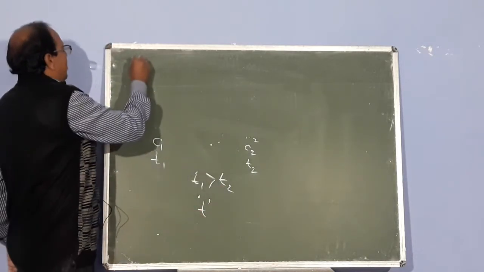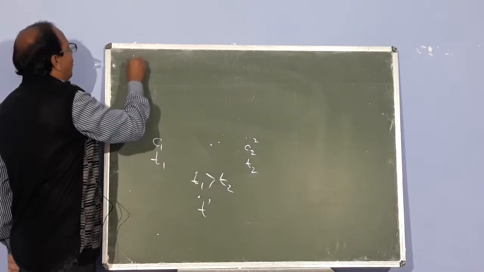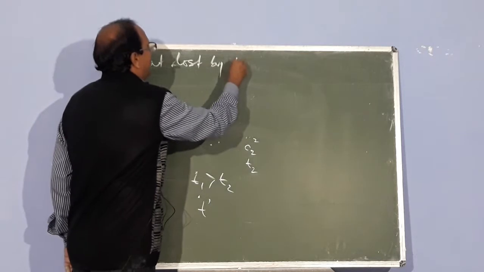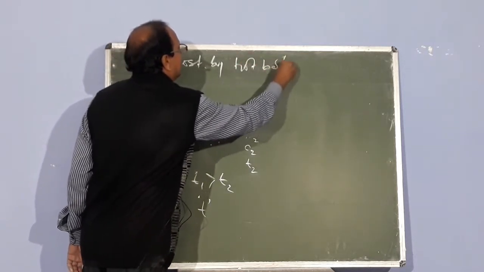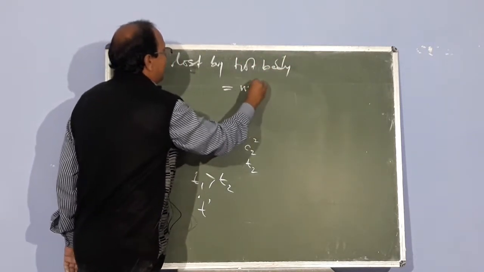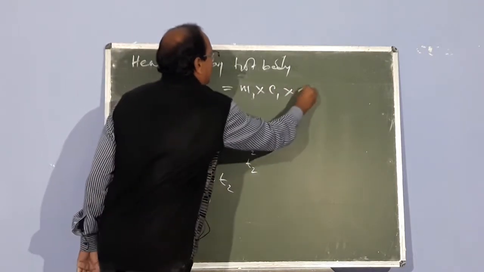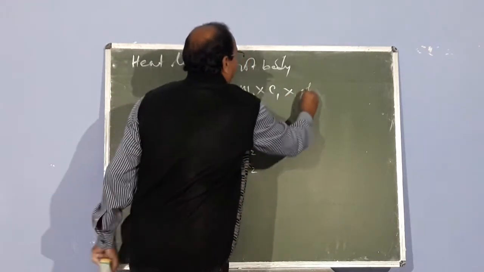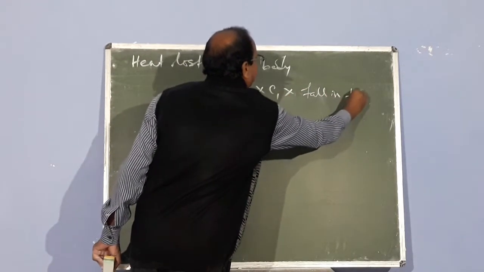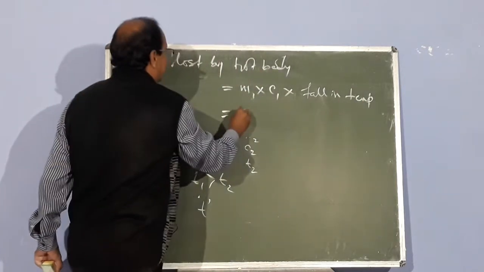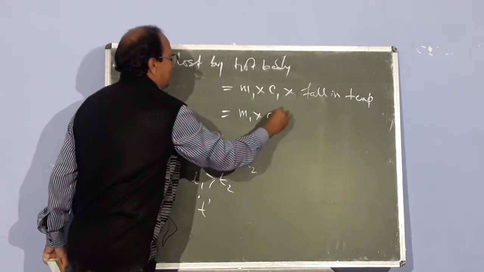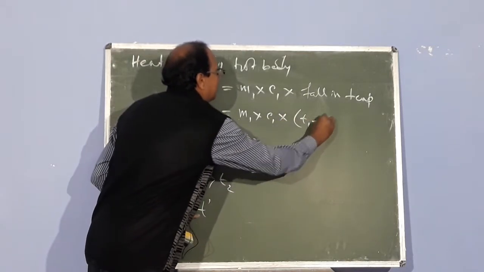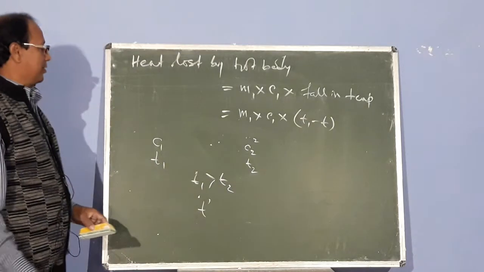So we can say heat lost by the hot body equals M1 into C1 into delta T, or the fall in temperature, and that is M1 into C1 into T1 minus T. T1 minus T is the fall in temperature.